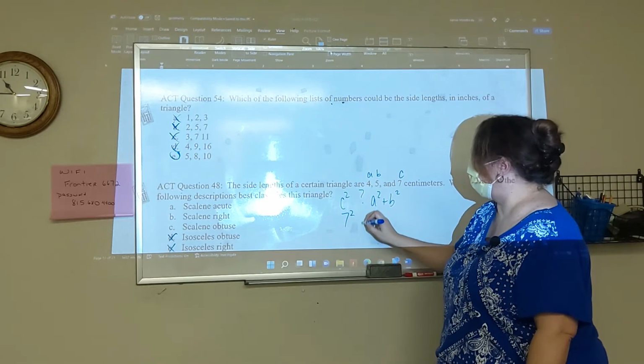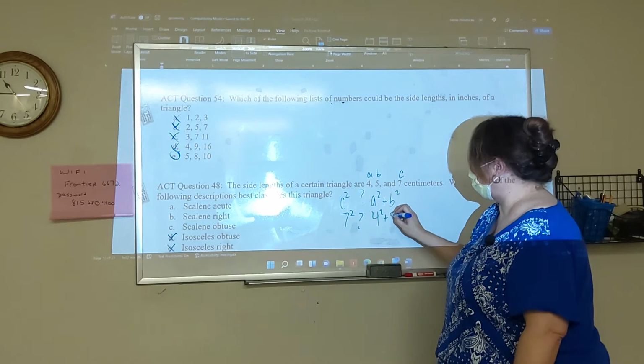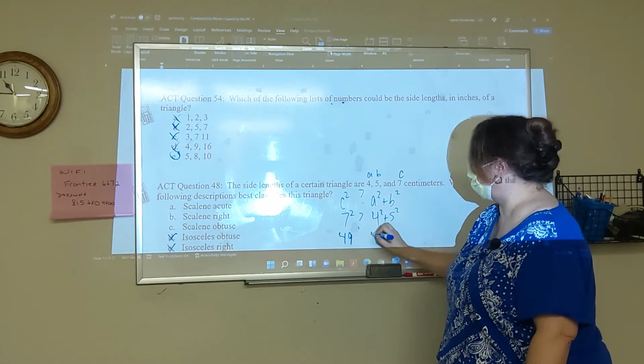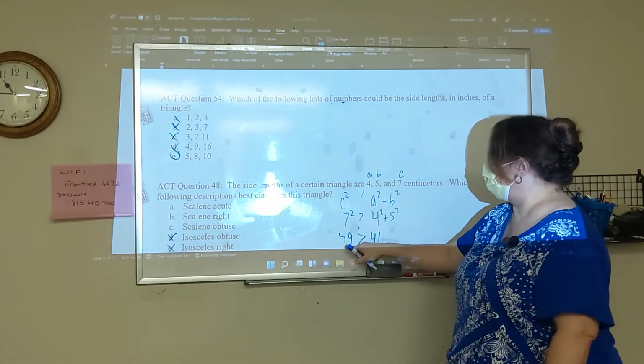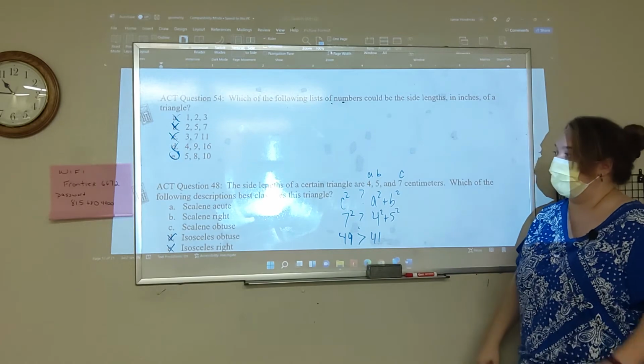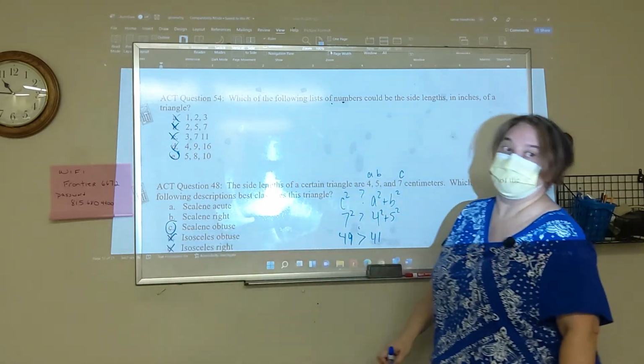So 7 squared is somehow related to 4 squared plus 5 squared. If we calculate that out, that's 49. This side's 41. So 49 is greater than 41. If it's greater than, that means it's obtuse. So scalene, obtuse.